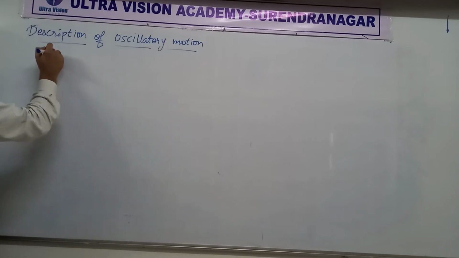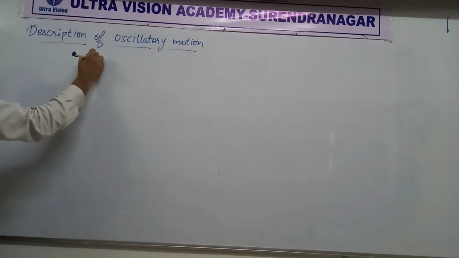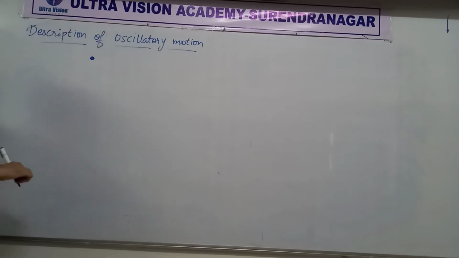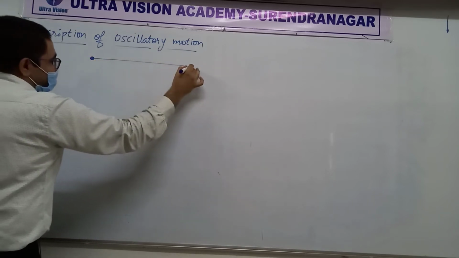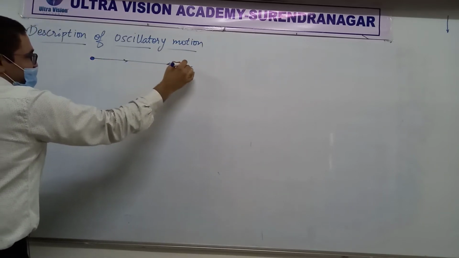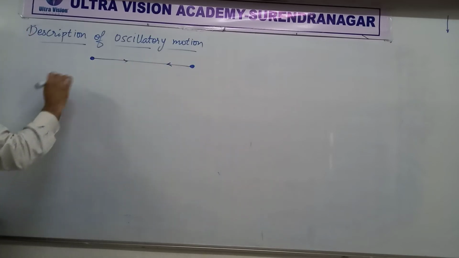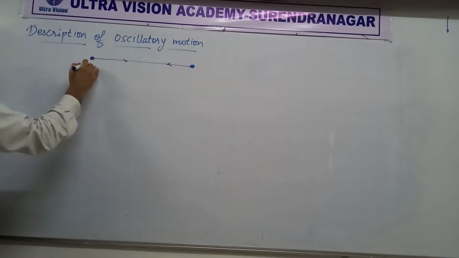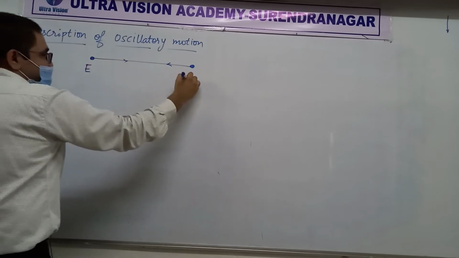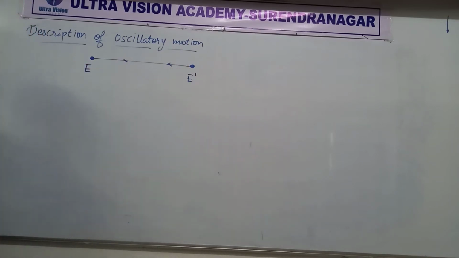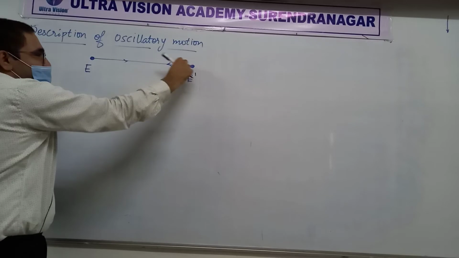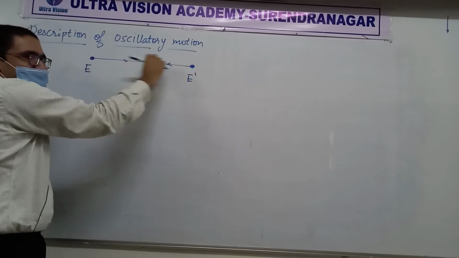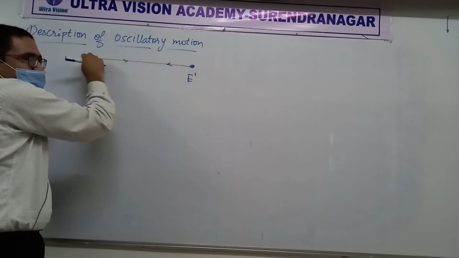Let's say that there is some particle here, right, and it is oscillating back and forth between these 2 points.